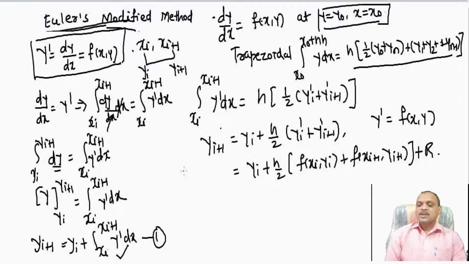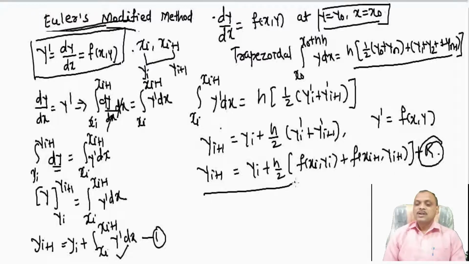Now due to the approximation, we remove the error and we get the equation yi plus 1 equals yi plus h by 2 into f of xi comma yi plus f of xi plus 1 comma yi plus 1. So this is the method.